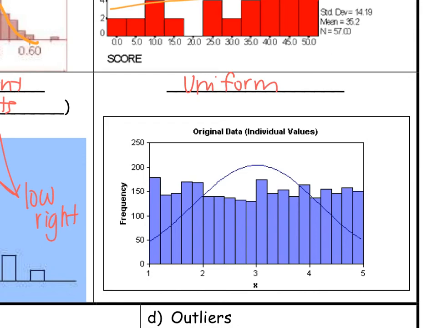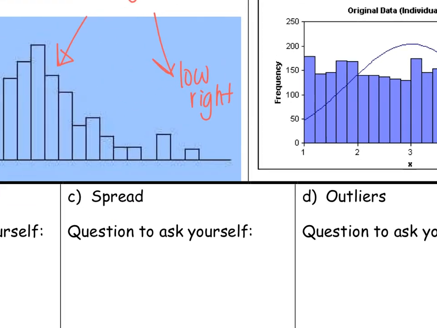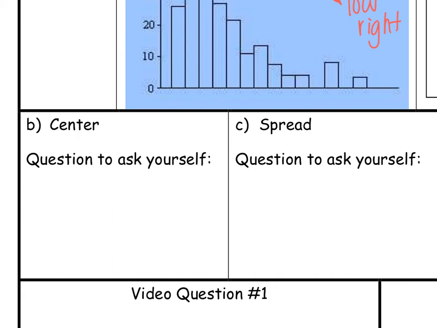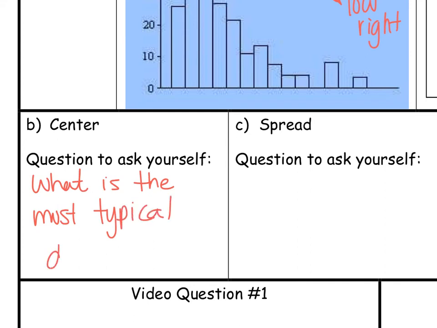So when we're describing data, we ask ourselves a couple questions. Question one is the center. What is the most typical data? Do we look at mean? Do we look at median? Are there outliers?